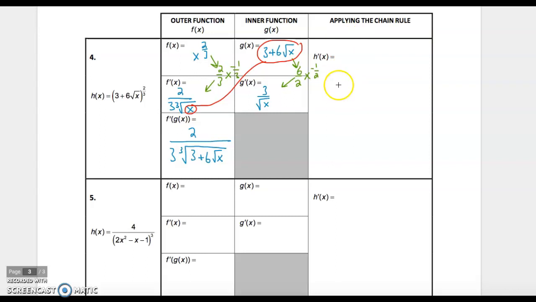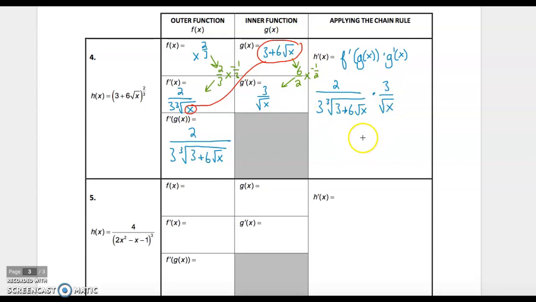We would do 2 over 3 cube root of 3 plus 6 square root of x. So that's the derivative of your outside. Keep your inside the same. Times, and now we have to do the times the derivative of the inside, which is 3 over square root of x.